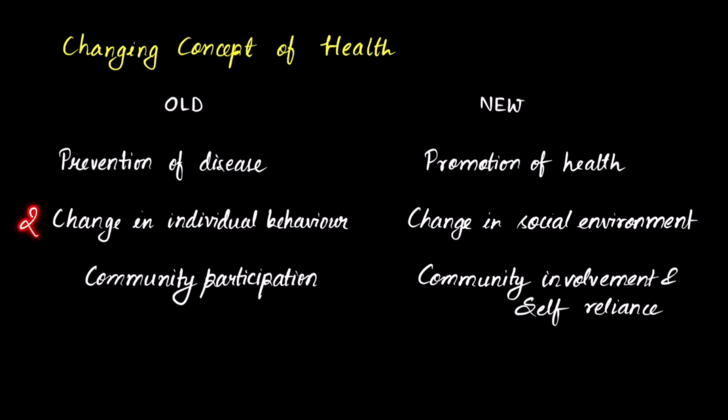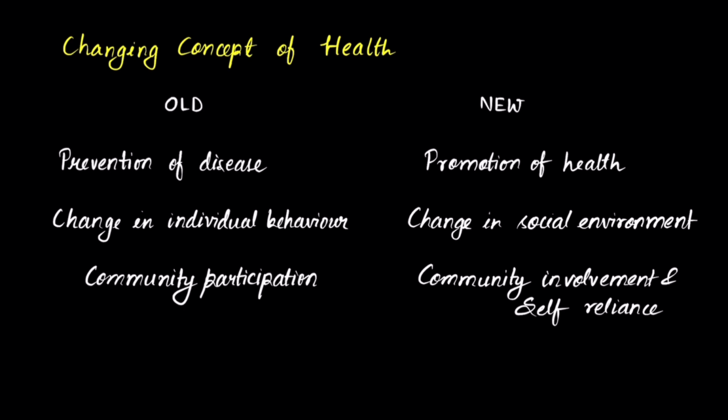Second, you can change your health status by changing individual behavior. For example, if you start exercising daily, obviously you are going to improve your health. But now the concept is that change in social environment will change your health. That is, if as a community, programs such as community runs or community marathons are organized, this will promote everyone in the society to take part in the run.